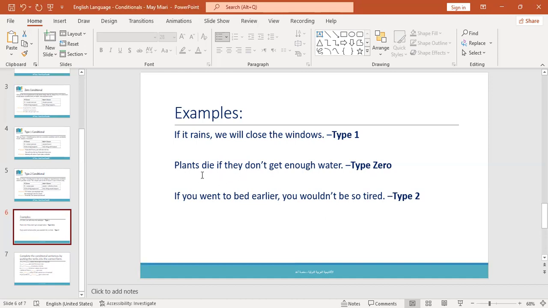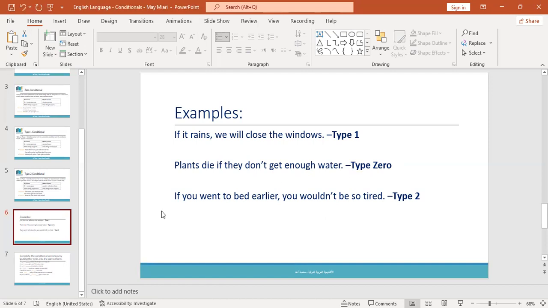So in the main clause, we use the simple present tense since we have die. And in the if clause, we used also the simple present in the negative form, which is do not get. So when we use the simple present tense in both clauses, we are talking about the type 0 conditional.